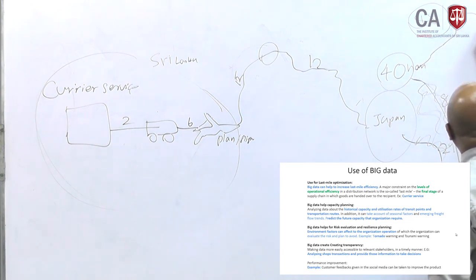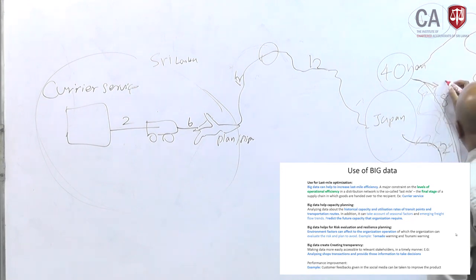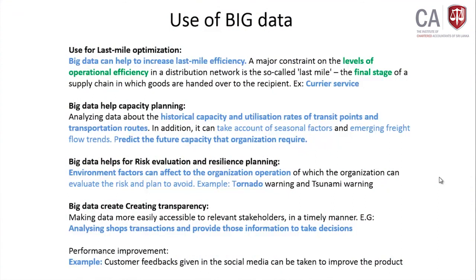It can go like this and come here, right? Somehow you can reach within 8 hours through this route. If you go the other route, you will have to wait long hours and it will take about another 40 hours. But through this big data, they get the details and reach this person in the last mile. So, it is called last mile optimization.